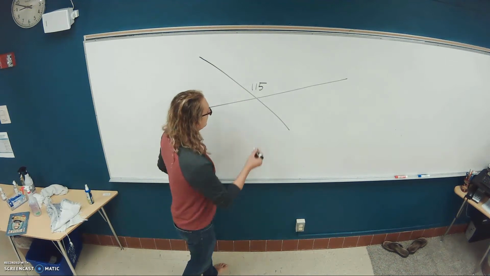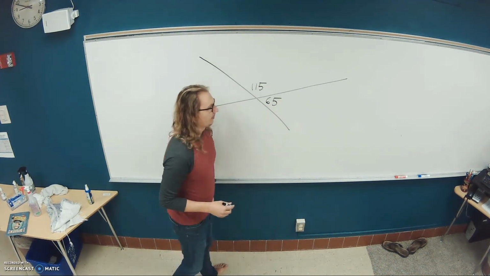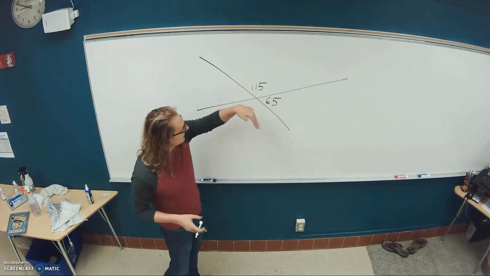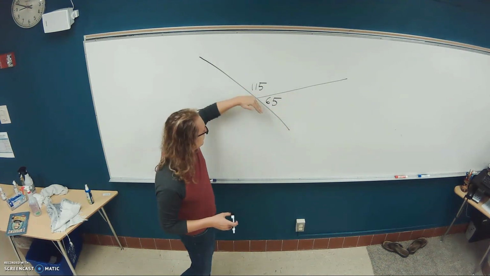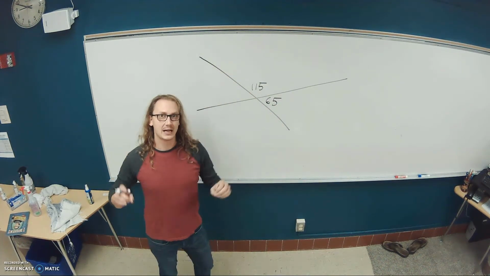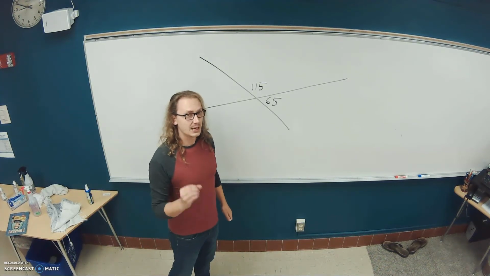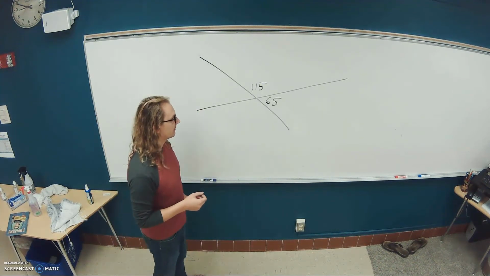That's going to be 65. So I can solve that this will be 65. Okay? So that's one of the really cool properties when we have these kinds of intersections, is I have created two angles that, because this is a straight line, have to add up to be 180, which means they're supplementary. Supplementary means they add up to equal 180 degrees.